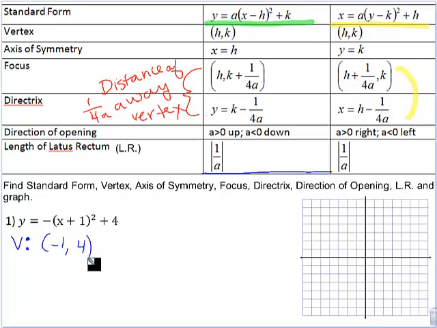Remember, because our standard form has x minus h, so in the parentheses we want to think about taking the opposite sign. So that's our vertex. The axis of symmetry then here says x equals h. So what would our axis of symmetry be? x equals negative 1. Our h is negative 1.